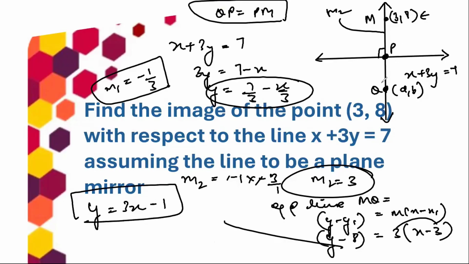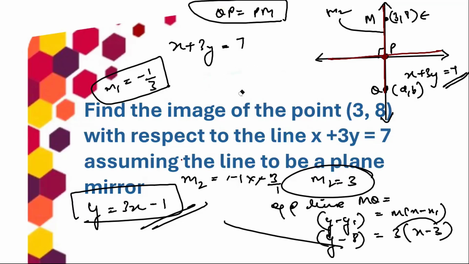Now I have two equations, and these two lines, MQ and the mirror line, are intersecting. We can find point P using either the substitution or the elimination method. So I have x + 3y = 7, and y = 3x - 1.